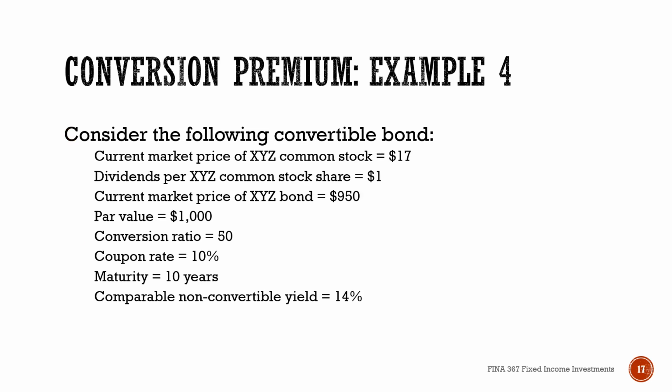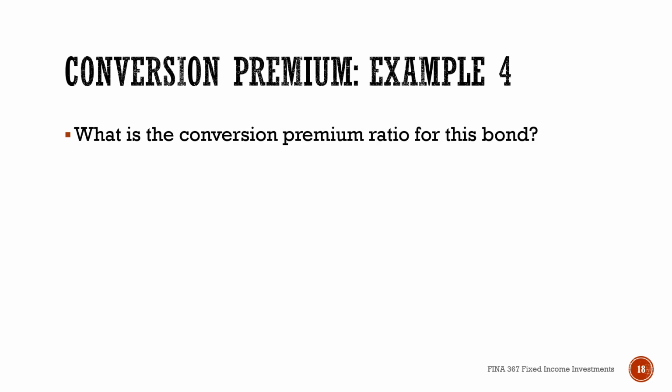So let's go back to the bond that we've been using and calculate the conversion premium ratio. Again, all the assumptions here are the same, so you can use it to continue our example. The first thing that we have to do is calculate the market conversion price for the bond. Again, this is not the conversion price, but rather the market conversion price. The difference between the two is we are using the current market price of the bond as opposed to the bond par value.